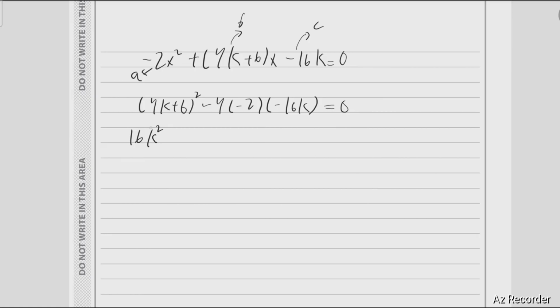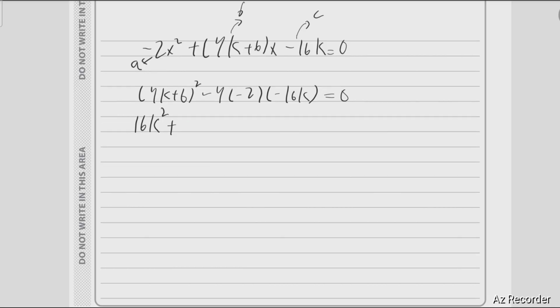A faster way to expand any squared brackets is a squared plus 2ab plus b squared. So a squared is 16k squared, plus 2 times 4k times 6, which is 48k, plus 36.